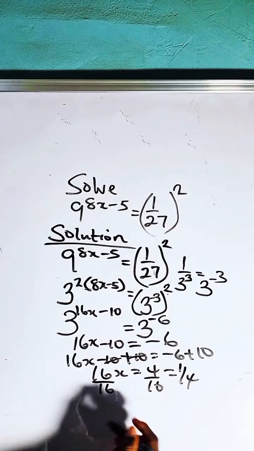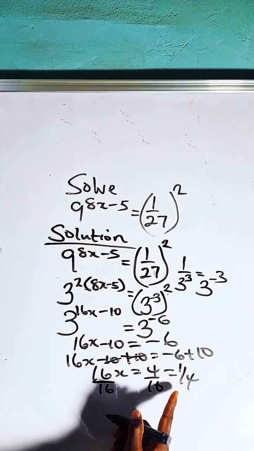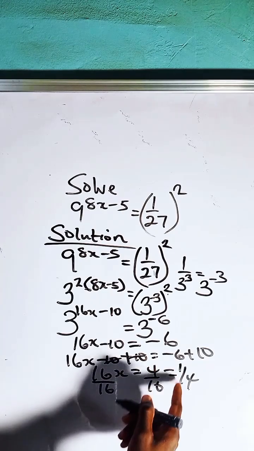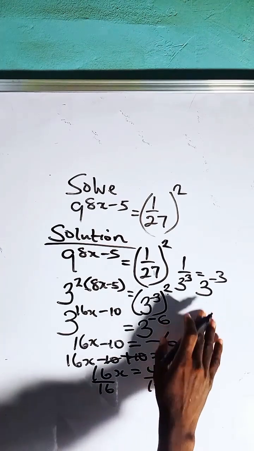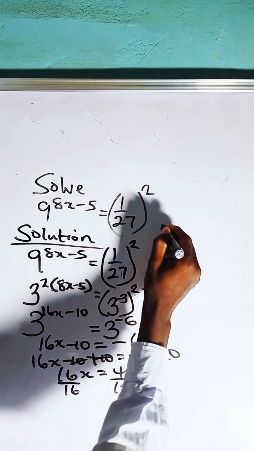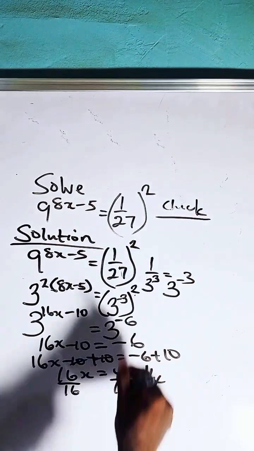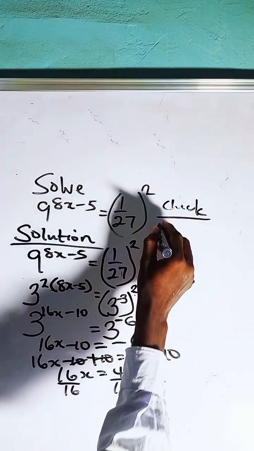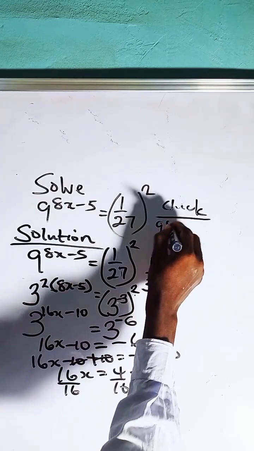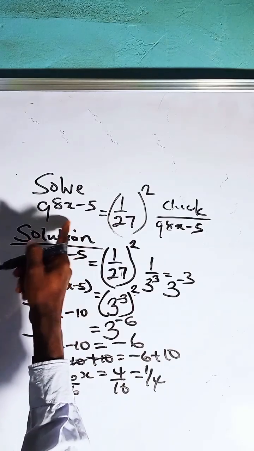Now we can decide to check this equation when x is 1 over 4. So to do that, since we have 9, let's check the value of x to be 1 over 4 in this equation. We have 9 to the power 8x minus 5. Let's resolve this left hand side of the equation.